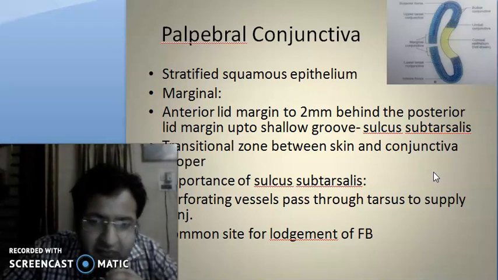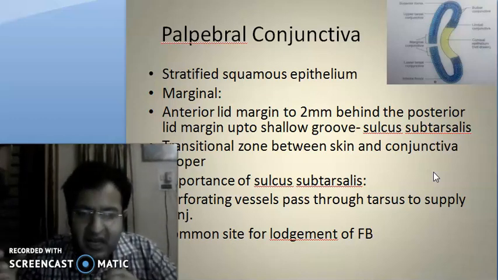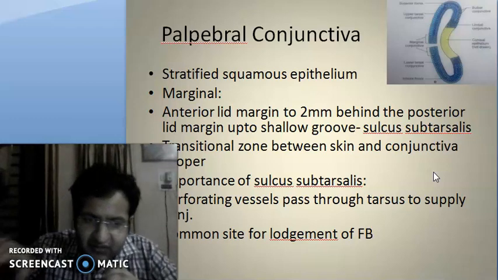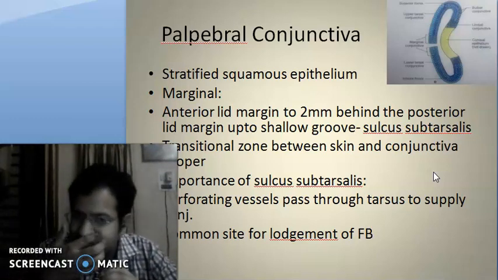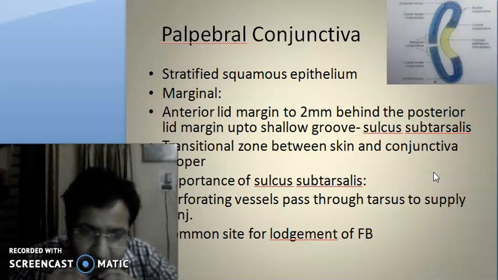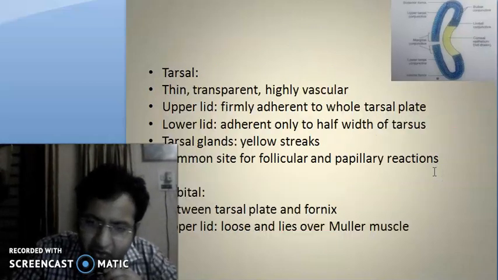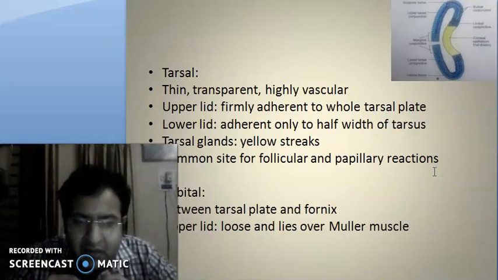The perforating vessels which supply the conjunctiva pass through the tarsus and through the sulcus subtarsalis and then supply the conjunctiva. So this is a very vascular area, and it is a common site for lodgement of any foreign body.